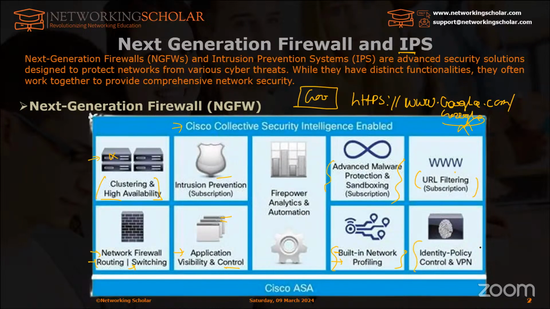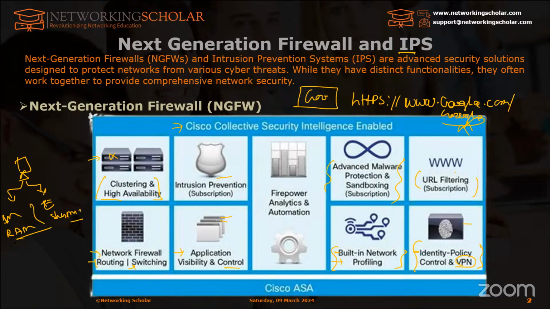And there is also one more important thing for us, that is identity policy control and VPN. A virtual private network can support a traditional firewall as well, but there is one more thing, identity policy control. Suppose we have a machine and users log in with their credentials. Suppose in this machine two users are working, one in the morning and one in the evening. Ram is working in the morning and Shyam is working in the evening.